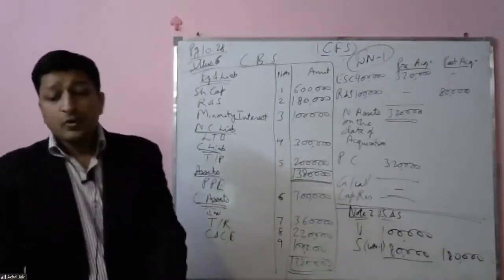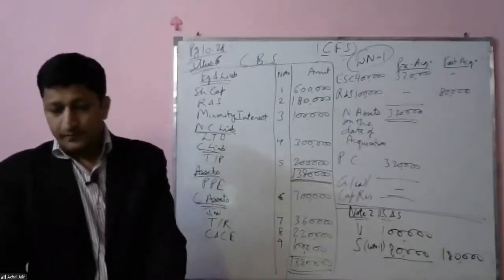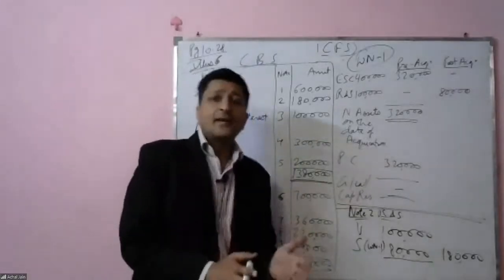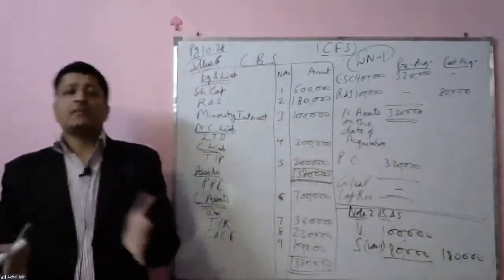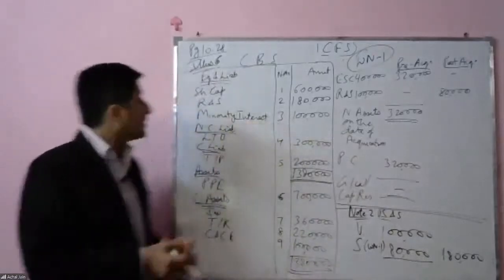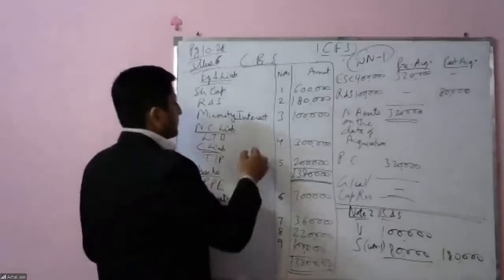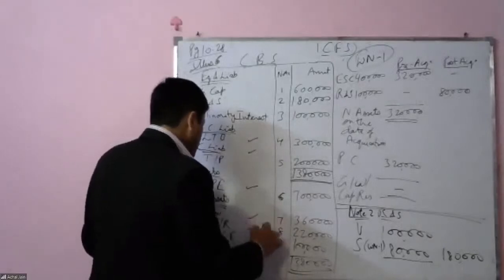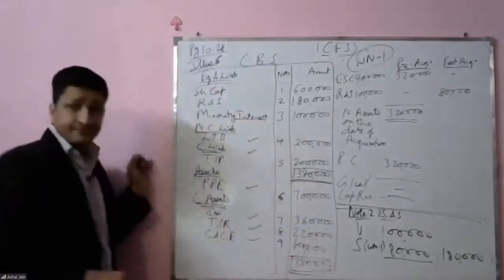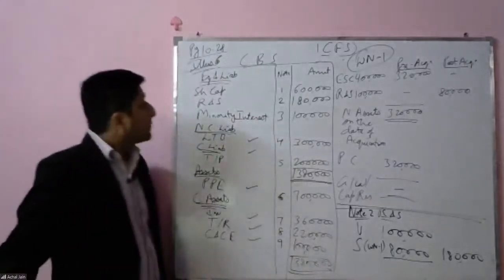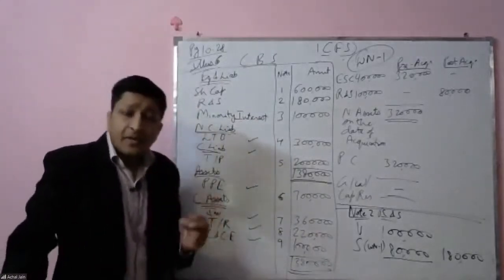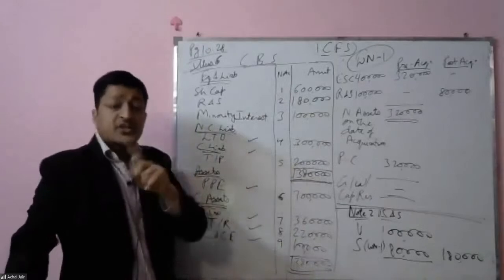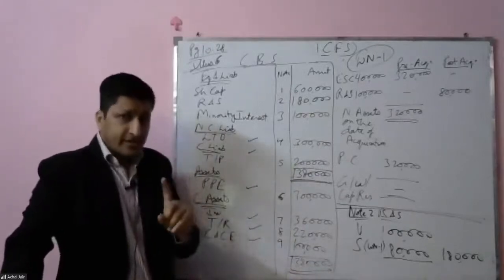Whenever we prepare a consolidated balance sheet, one thing that you would have understood is that each and every line item of the subsidiary and the holding company will get added. We saw that in case of borrowings, liabilities, PPE, inventory, trade receivables, cash and cash equivalents. Number two, the share capital of the holding company will be taken to the consolidated balance sheet. Share capital of the subsidiary will not go to the consolidated balance sheet.